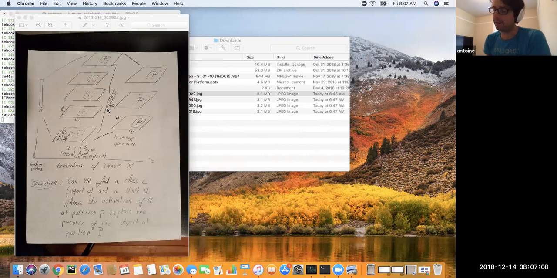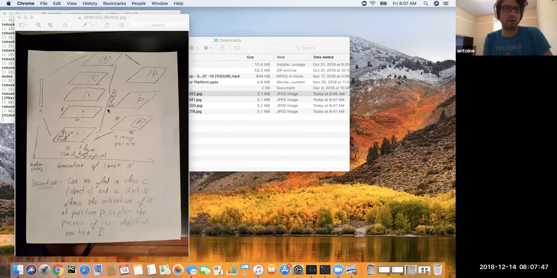In their work, first, what they would like to see is whether there is some correlation between the activation of a unit at a specific position and the appearance or existence of an object at this specific position in the output image. We will call the position P. Here I drew a rectangle, but it can just be a binary mask.